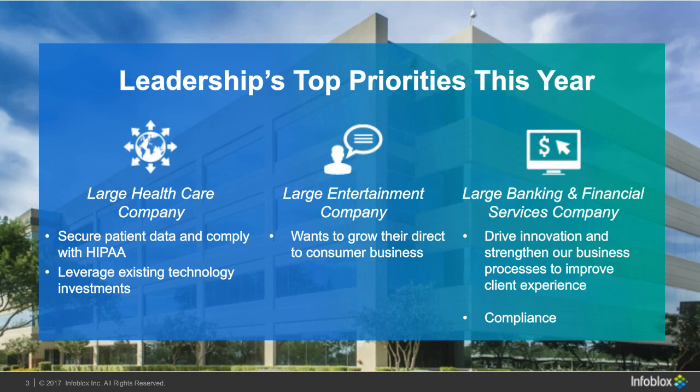A large entertainment company wants to grow their direct-to-consumer business, right? When you think about direct-to-consumer business, there are two things that come to mind. Number one is making sure that they provide a seamless and superior customer experience, which means if they're streaming movies or media content online, they've got to make sure that delivery is flawless and customers get the rich experience.